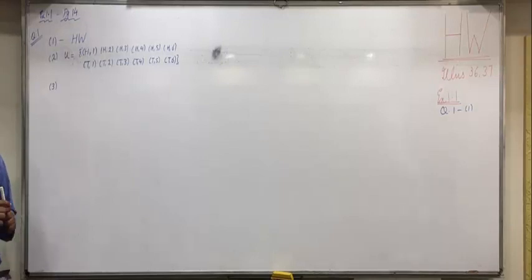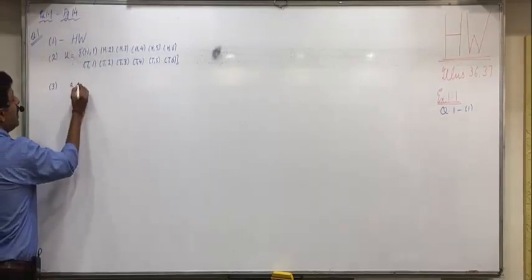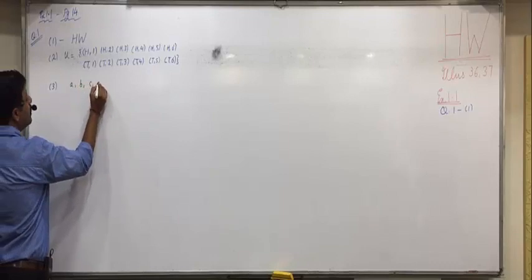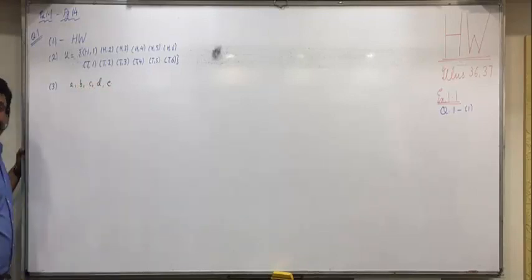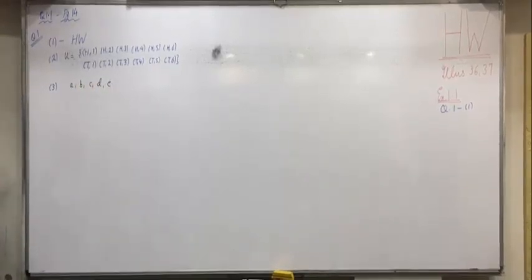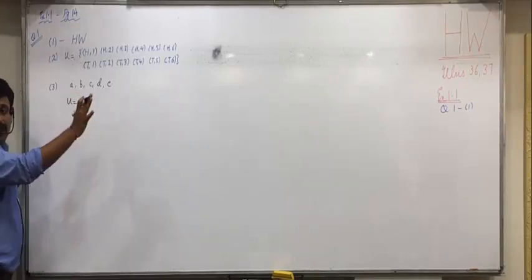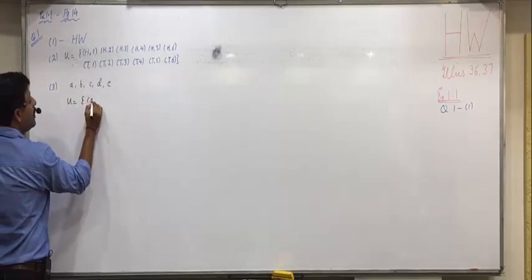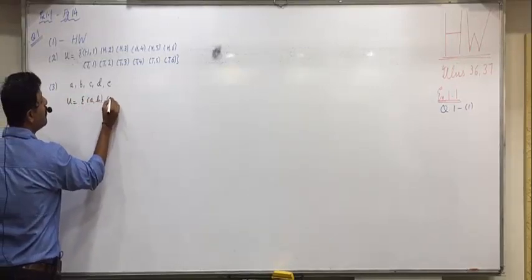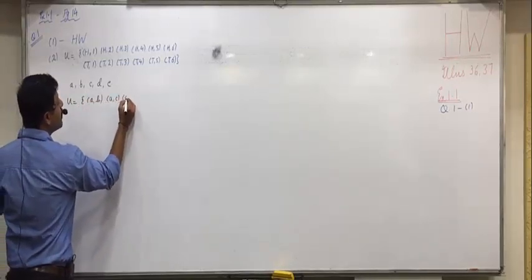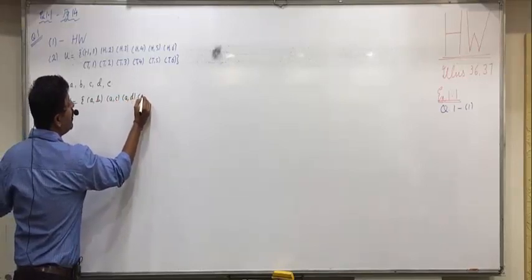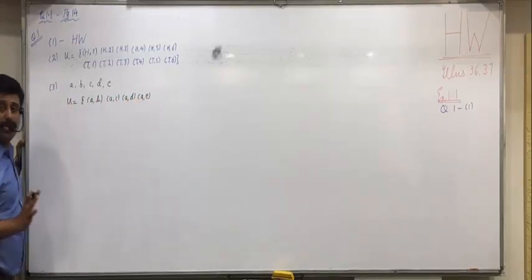So write down A, B, C, D, E. Again, A, B, C, D, E. Now 2 persons are selected, so we'll go only forward. If you start with A, then AB, AC, AD, AE. Are you able to recollect this?